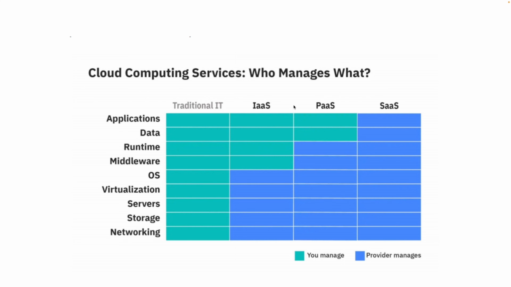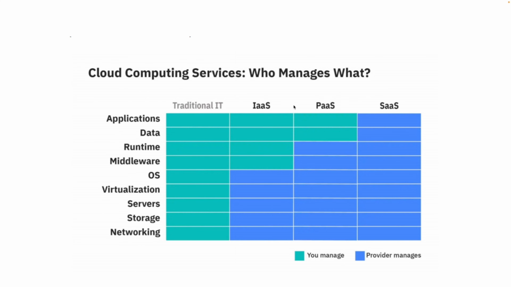Now, coming to software as a service, SaaS, everything is managed by the third party provider, including your applications, data, runtime, middleware, OS, virtualization, storage solutions, servers, and networking. If you want to send a message to a person, you use Gmail to send emails or messages. So here Gmail comes into the picture, which is a complete software as a service.